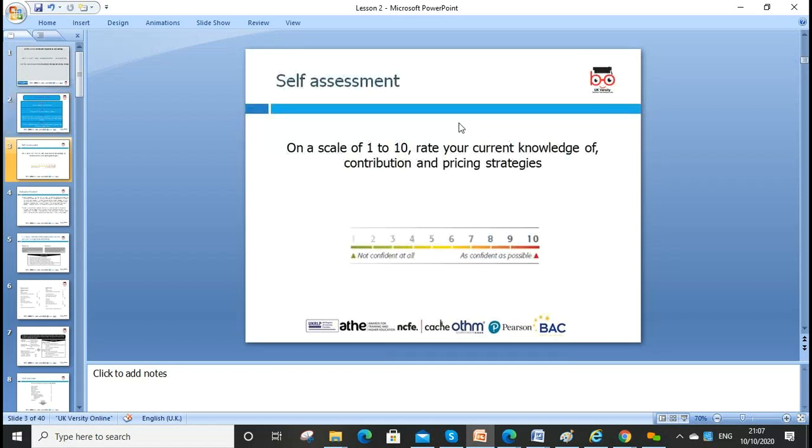In lesson one, you also learned about contribution and pricing strategy. Further, we'll enhance this in LO2, which is quite linked with LO1 as well. So you can rate yourself and scale your knowledge about contribution and strategies from 1 to 10. What do you know about pricing strategy? Why price?